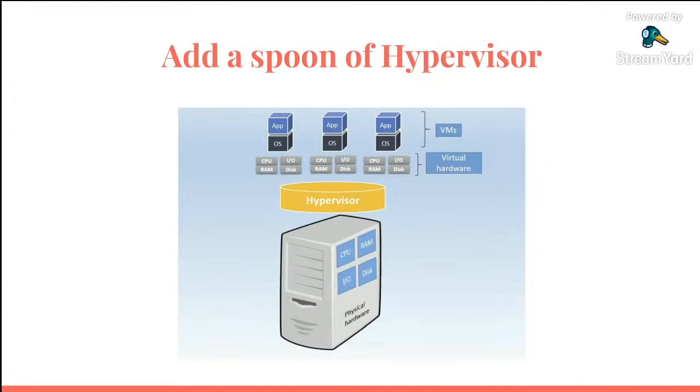Similarly, the hypervisor also controls your physical hardware, just like your operating system. You install this hypervisor on your physical hardware, just like the operating system. But the only difference is it will now take your hardware and it will split it up into virtual hardware. So let's say, for example, you have a CPU with 4 cores.